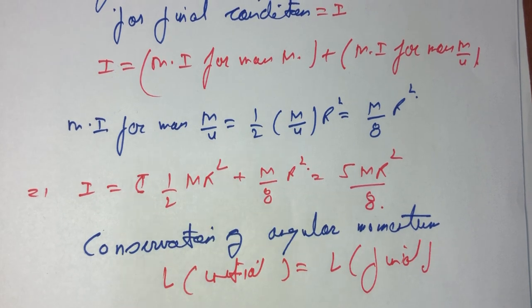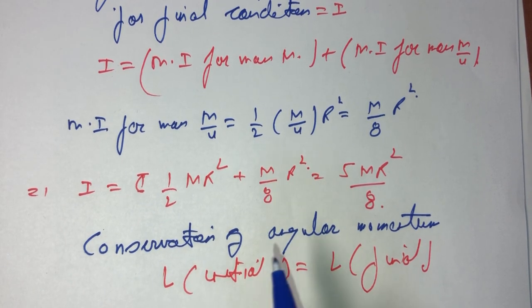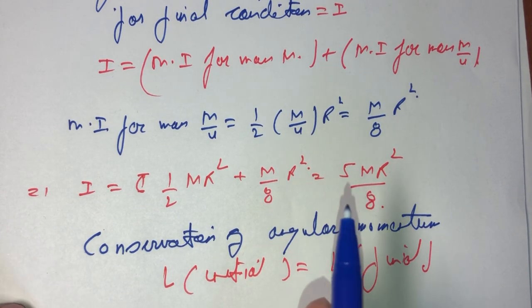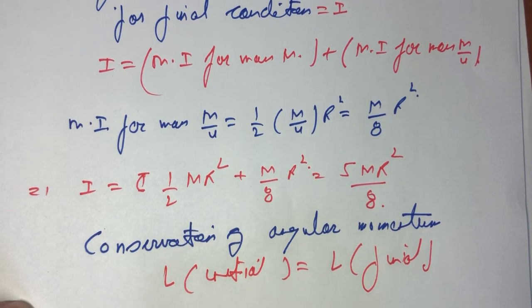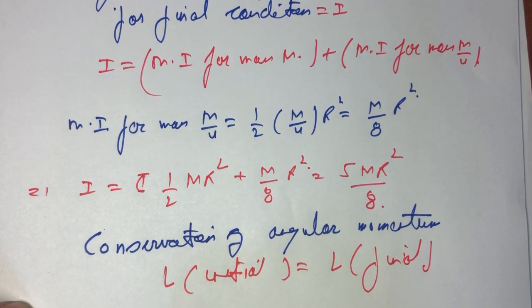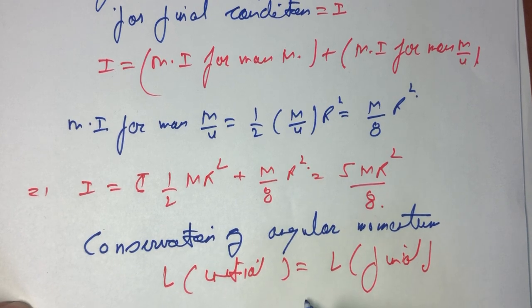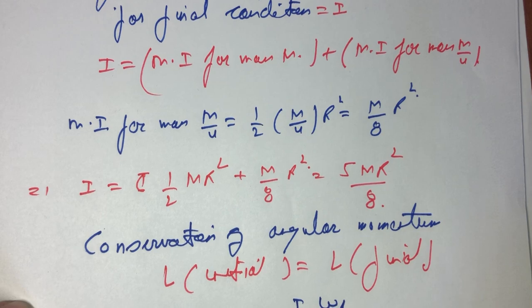Therefore, the initial moment of inertia is I1, and we have assumed the angular velocity is omega I, and final is our I and omega F.